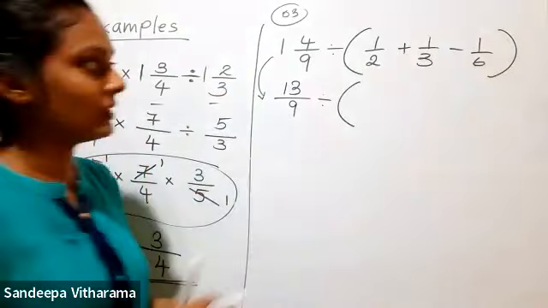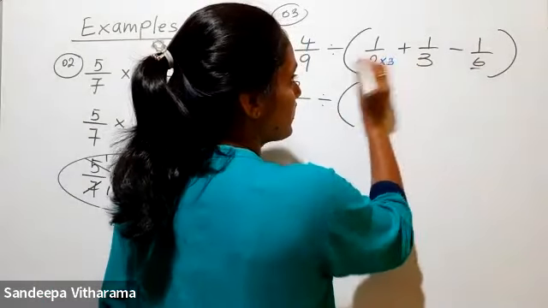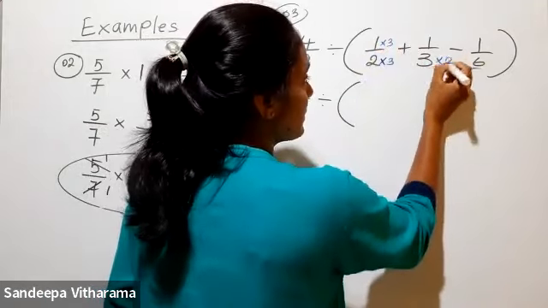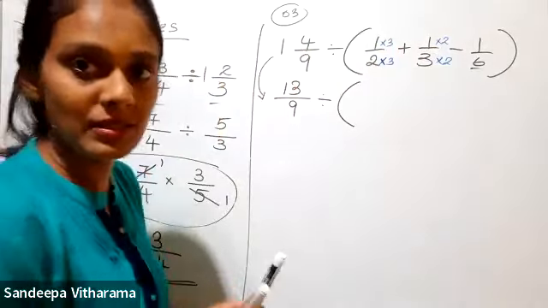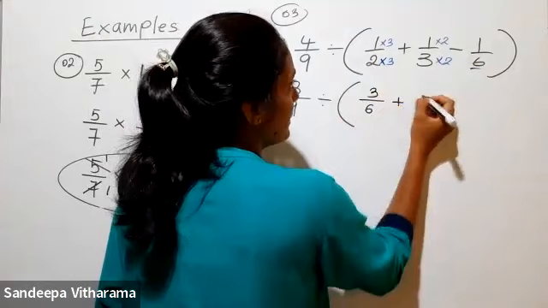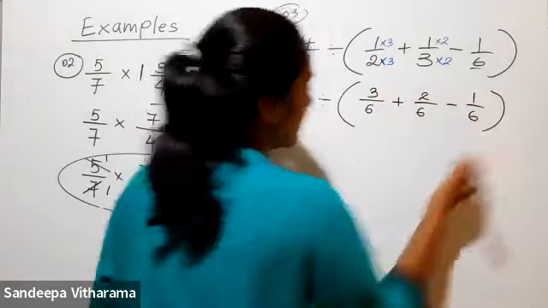It is 6, no? Because 2 can be converted to 6 by multiplying by 3. 3 can be converted into 6 by multiplying by 2. This is the change we have to do.